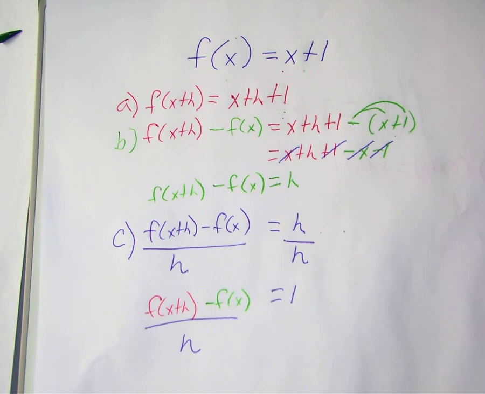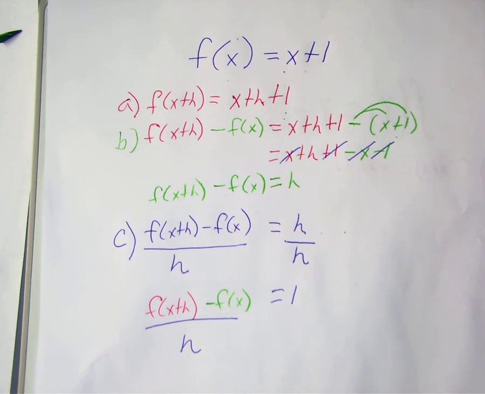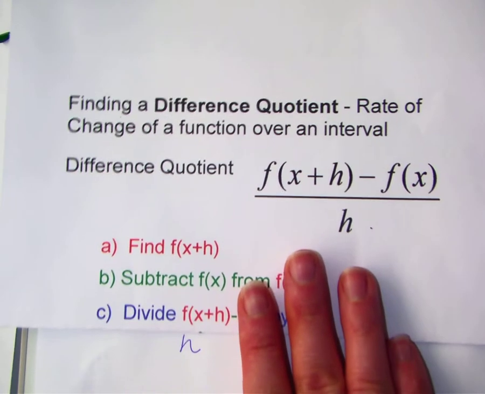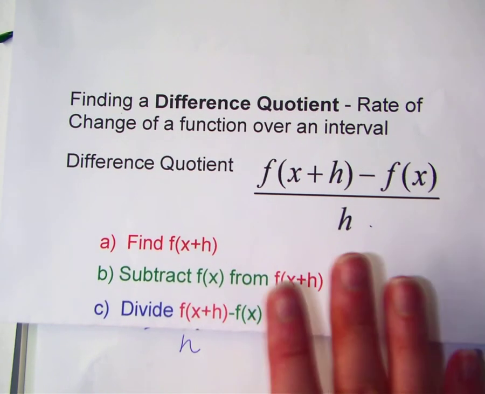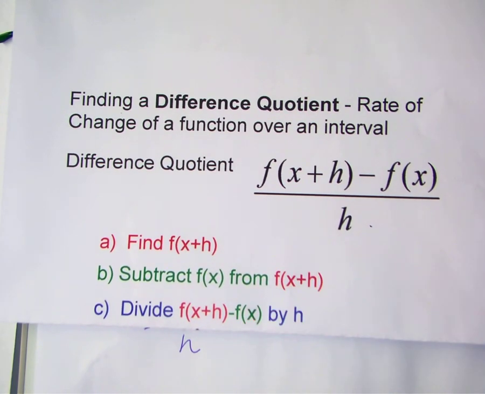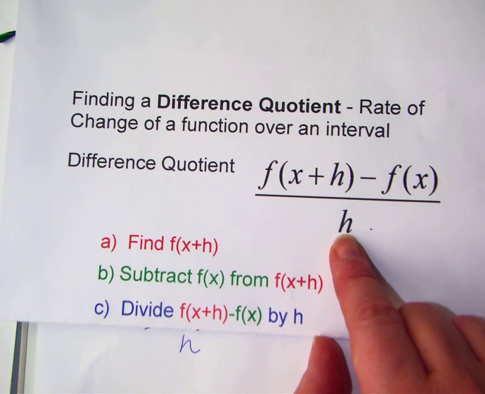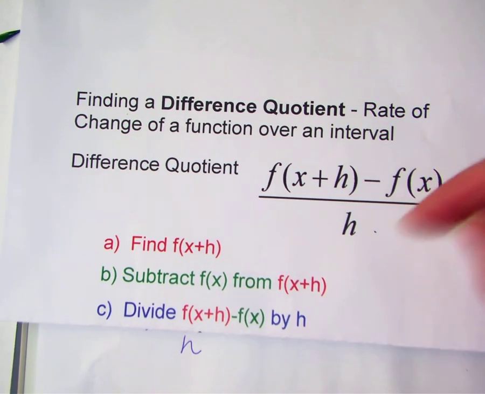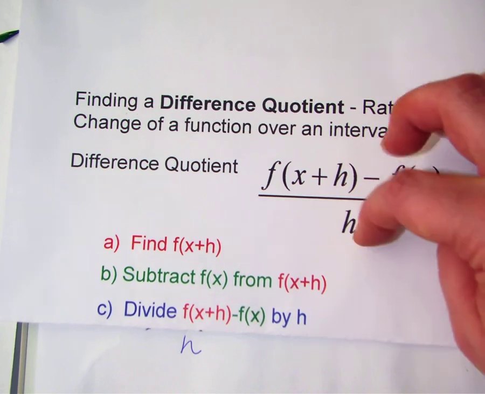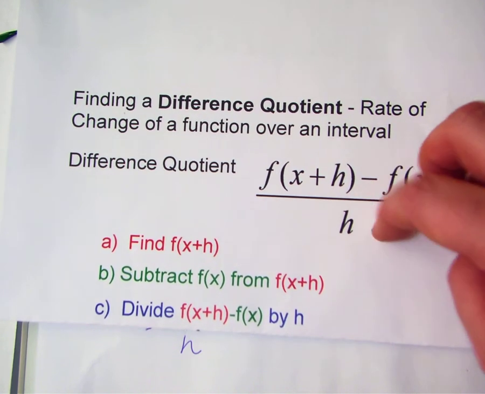Now, I want to talk about what it means to be a difference quotient. So back in the definition, we said that a difference quotient is a rate of change of a function over an interval. Now the interval is h. So depending upon where on a particular curve or graph of a function, the left and right bound would be able to give you the length of h.